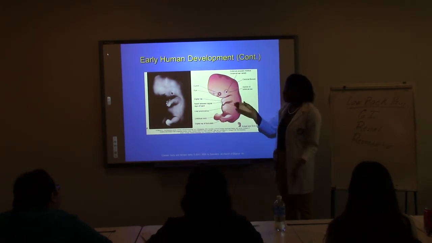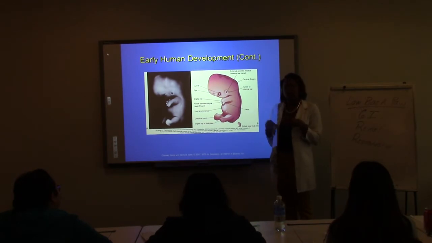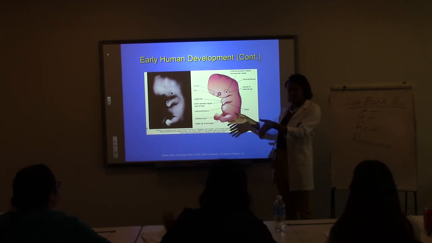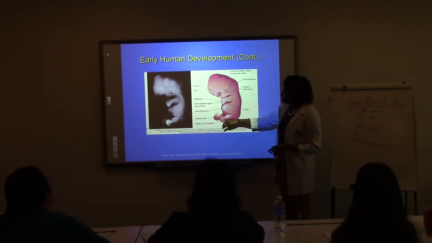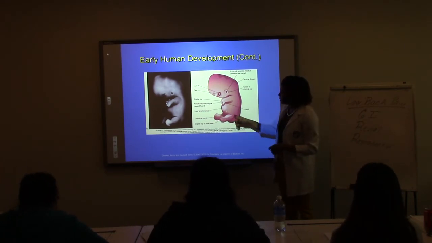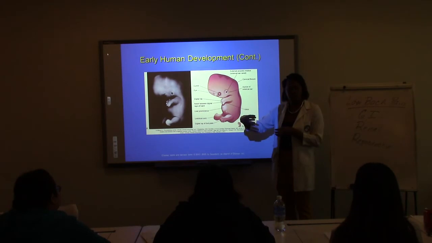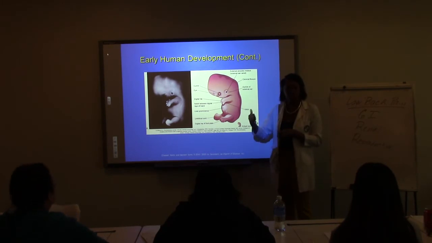You can see the digits, although the arms are not fully developed as of yet, and the same thing with the feet. Then you see a little area there for the umbilical cord, because by this time, the umbilical cord and placenta are completely formed, so this fetus can definitely get all the nutrients it needs and blood supply so it can continue to grow.